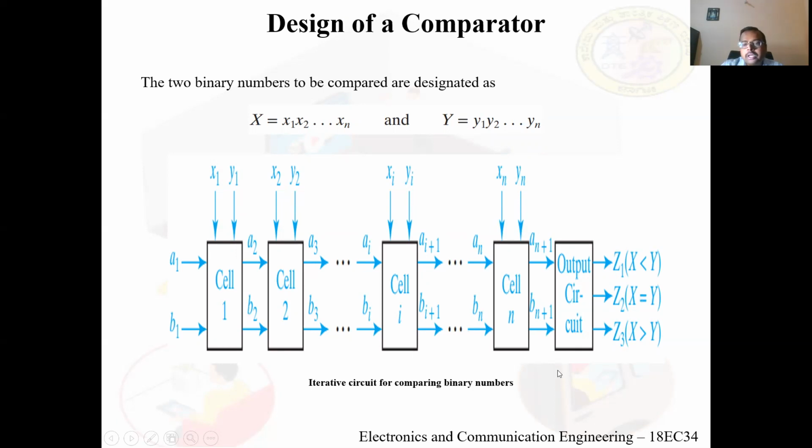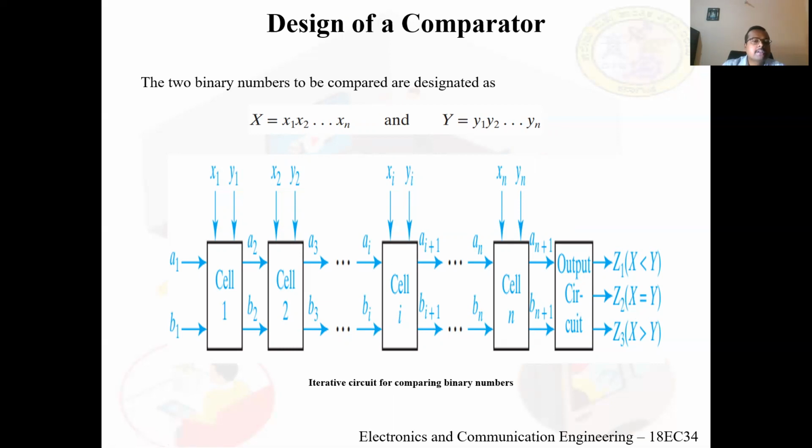This output circuit will generate 3 outputs, designated as Z1, Z2, and Z3. The Z1 bit will be set to 1 if the binary number x is less than y, Z2 is equal to 1 when x is equal to y, and Z3 will be set to 1 when x is greater than y. Right?